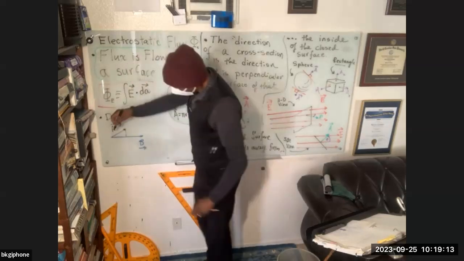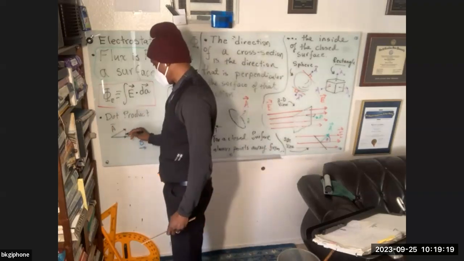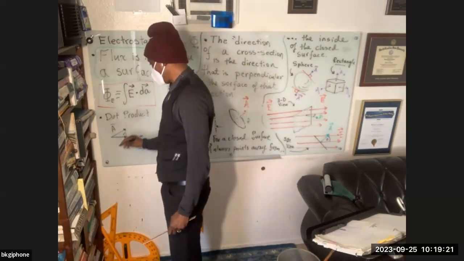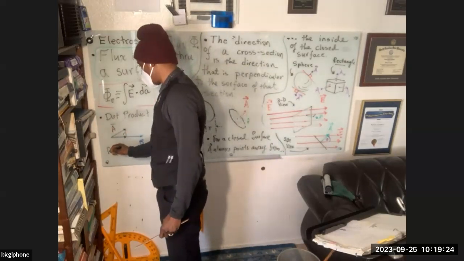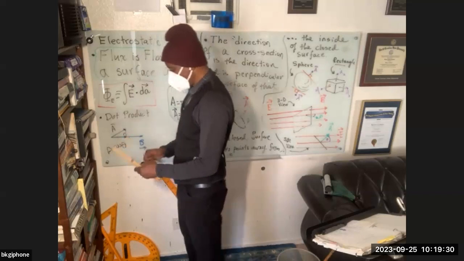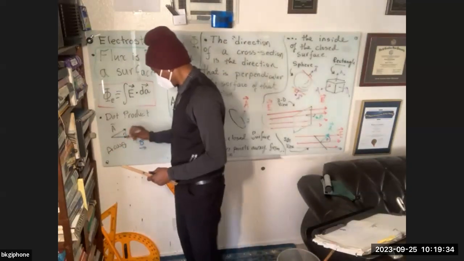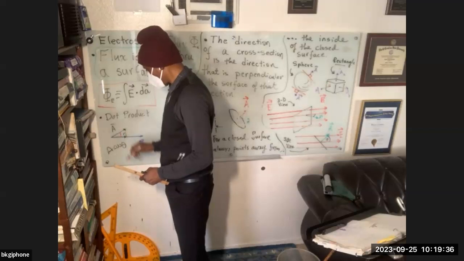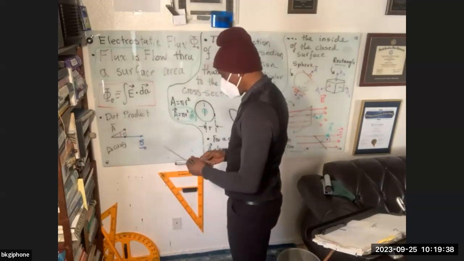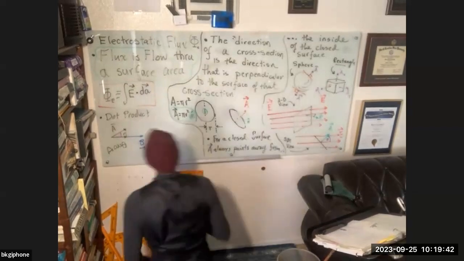From geometry, we know that this portion is A times the cosine of theta, because it's the adjacent side of that right triangle. And of course, theta is the angle between A and B.